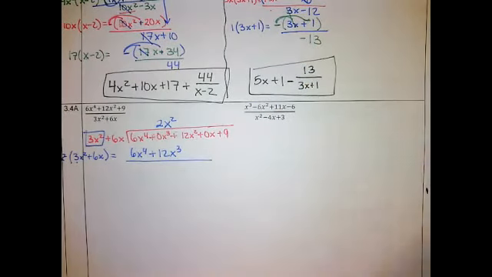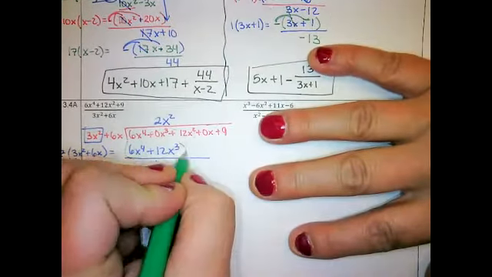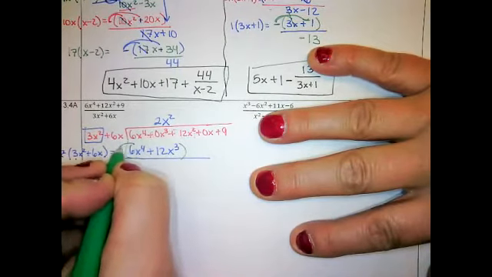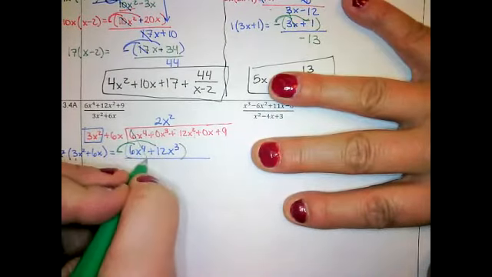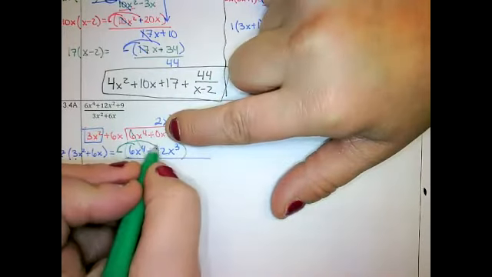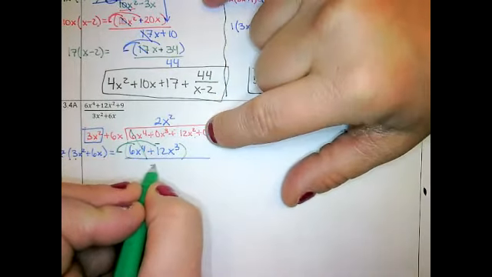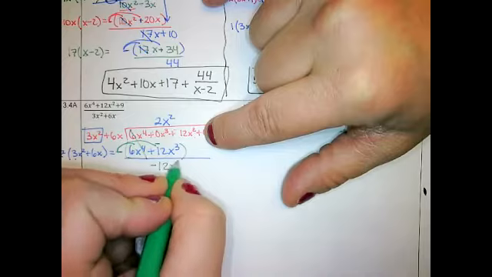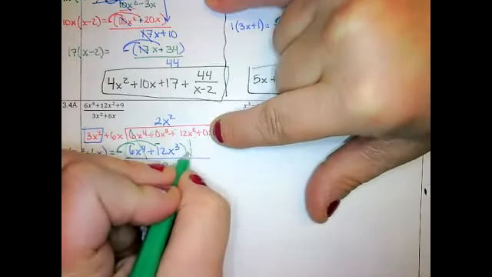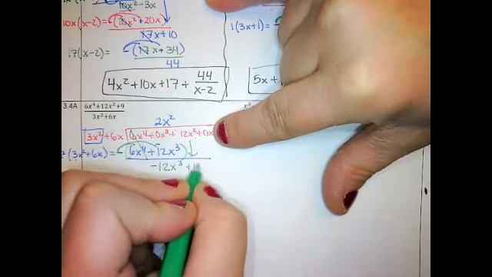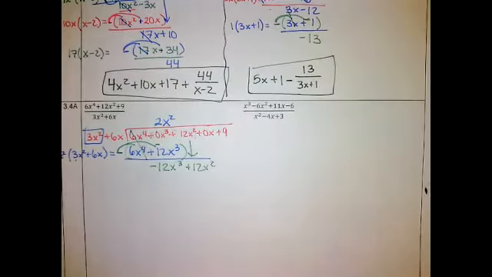Okay, so now let's take a look, because now I can subtract this whole thing and I have like terms to combine. So 0x to the 3rd minus 12x to the 3rd is negative 12x to the 3rd. And I'm going to bring down my plus 12x squared.